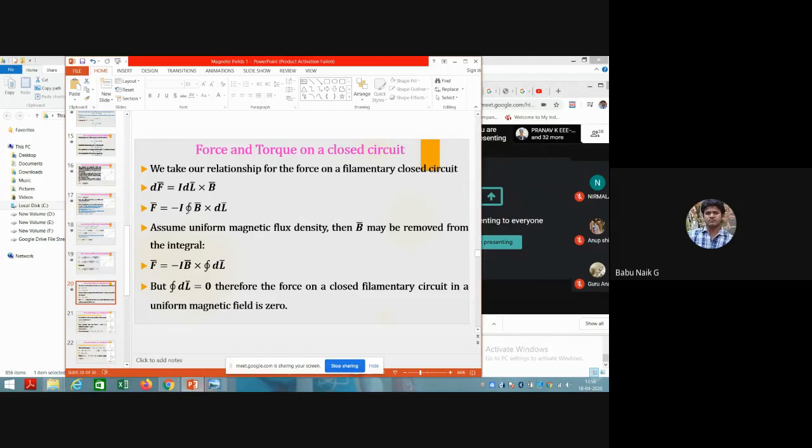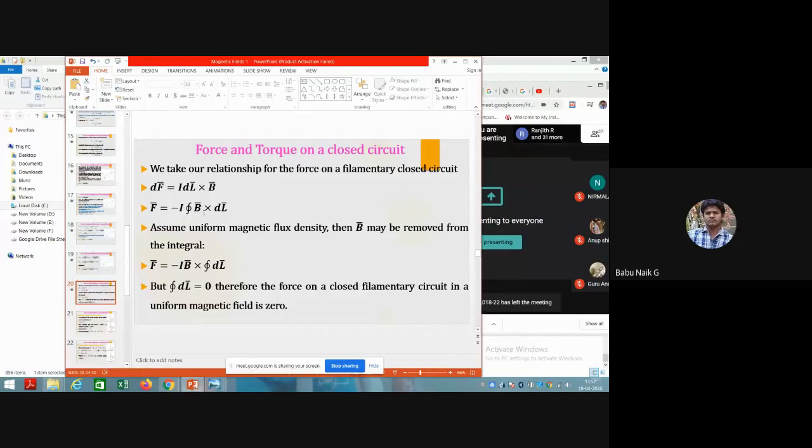The force is equal to minus, because I have taken B cross dl, where originally dl cross B, which I interchanged, so it gets a minus sign, I, and the closed line integral, where I have taken the right-hand side as the differential force. If you take the overall closed integral, you can calculate what the force is.